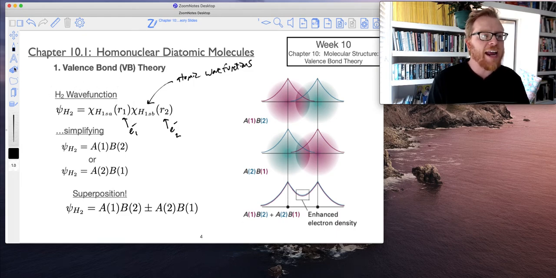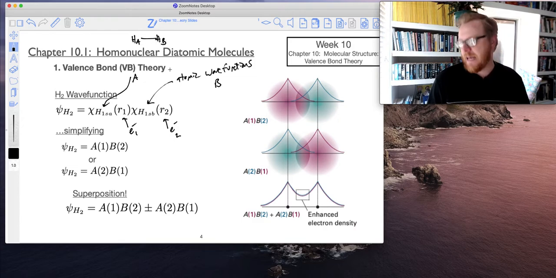Our psi H2 is a separation of variables of the total wave function, right? So I've got the atomic wave function for B, and then we know that this is the atomic wave function for atom A, and of course our H2 molecule is HA bonded to HB.